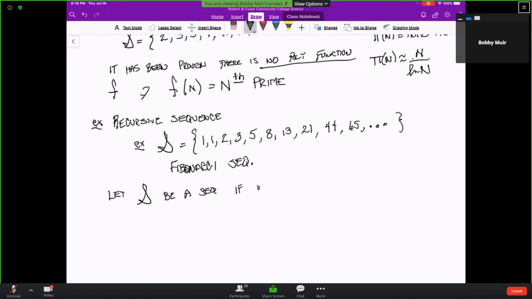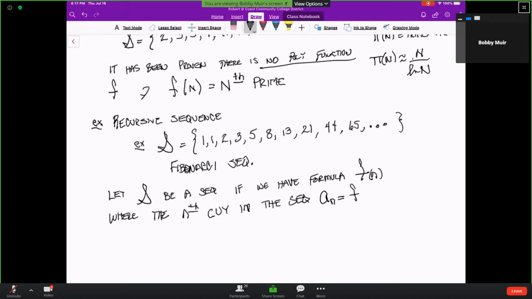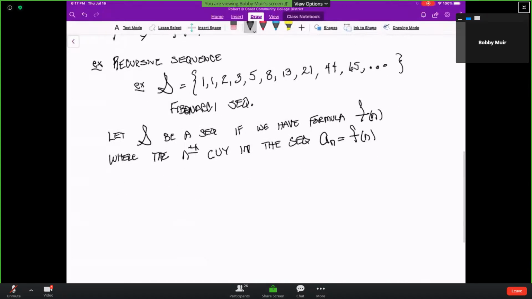Now, if we have some kind of a formula f of n where the nth guy in the sequence, which we will say a sub n, is that guy, you find it by feeding n in there.